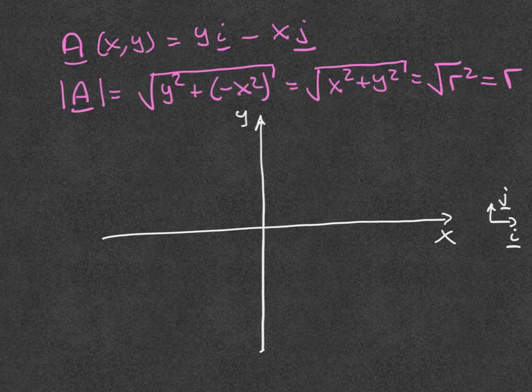And x squared plus y squared is r squared, and the square root of r squared is r. We don't need to write the modulus of r because r means the distance of the point from the origin. So it's always, by definition, positive. So we see that the length of the vector field, the length of these representative arrows that we're going to draw, only depends upon the distance from the origin.